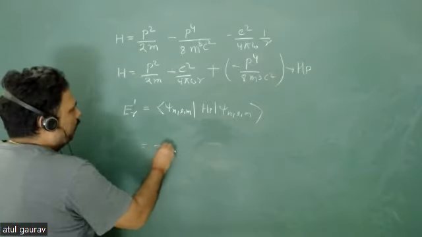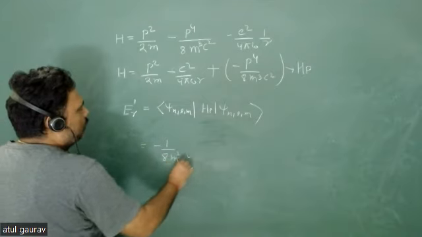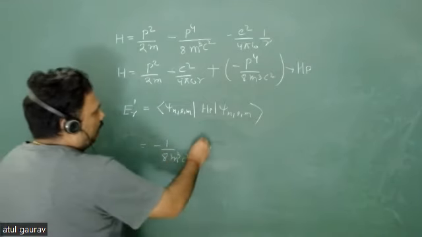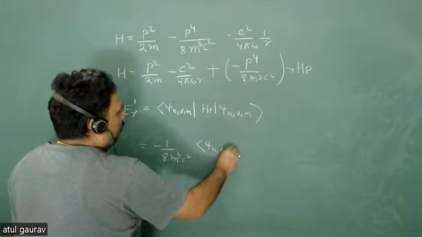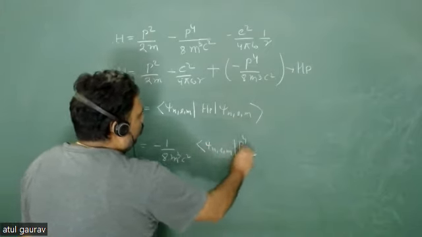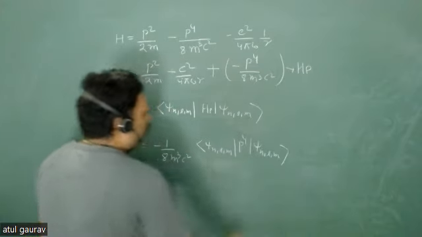Now I can take minus 1 upon 8 m cube c square, which is basically psi n l m P to the power 4 psi n l m.